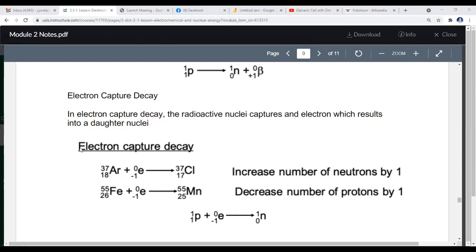Your argon undergoing electron capture captures an electron and produces your chlorine atom. Here, there's an increase in the number of neutrons by 1. Now here in your iron, if it captures an electron, it will produce the manganese atom, 25 in atomic number and 55 in mass number.